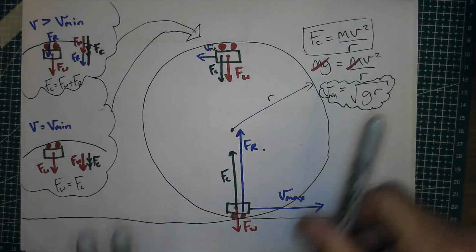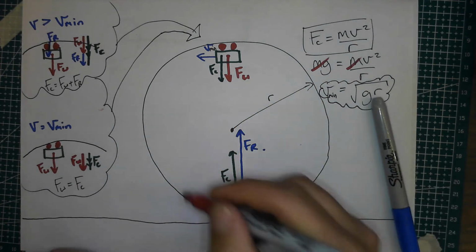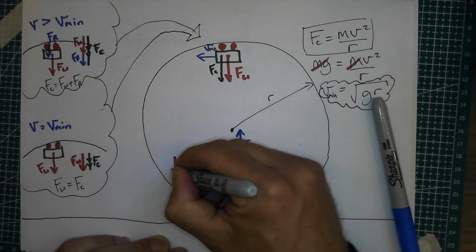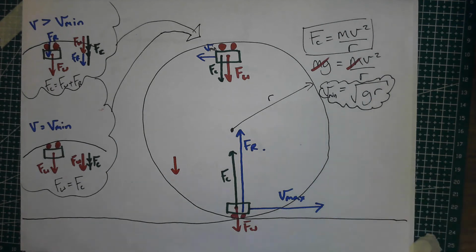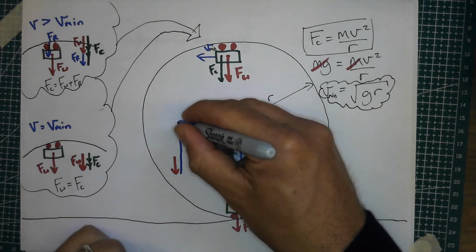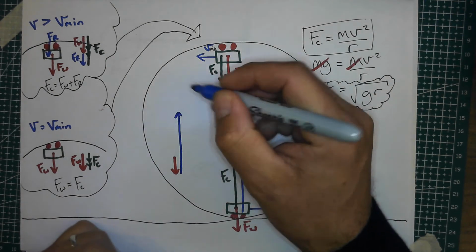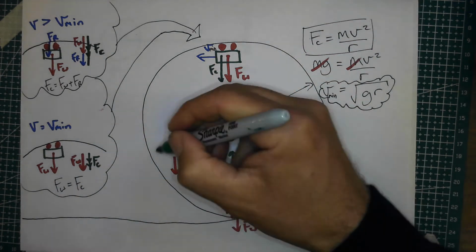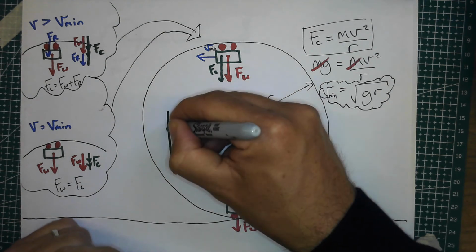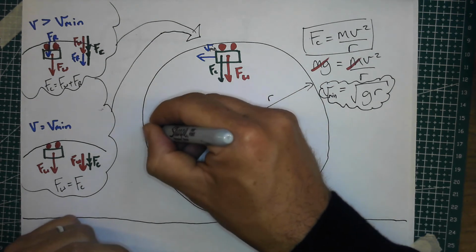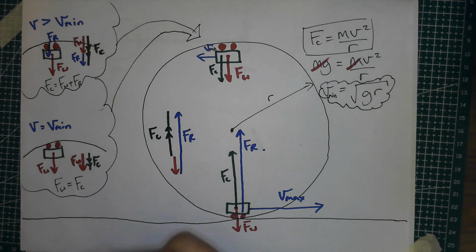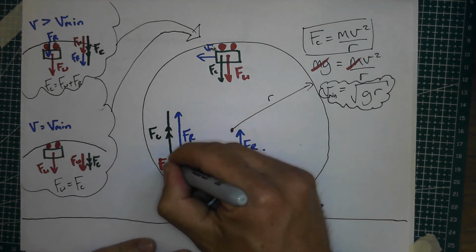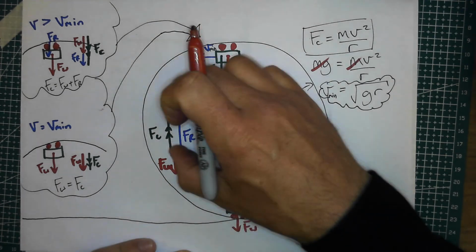So the force diagram would look something like this. We have the weight force acting downwards. We have the reaction force acting upwards to provide some sort of centripetal force here, which is the sum of the weight force and the reaction force. Okay, so if we add these two together, we get the centripetal force.